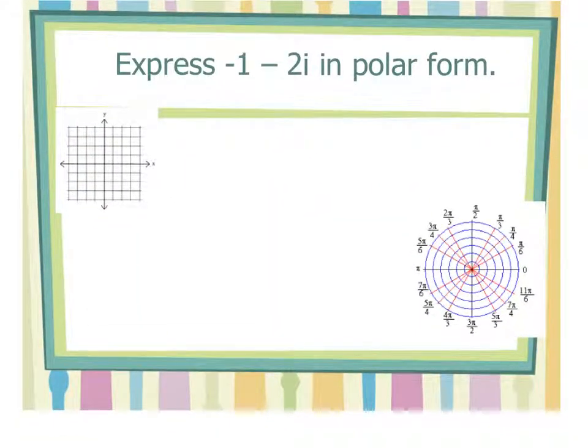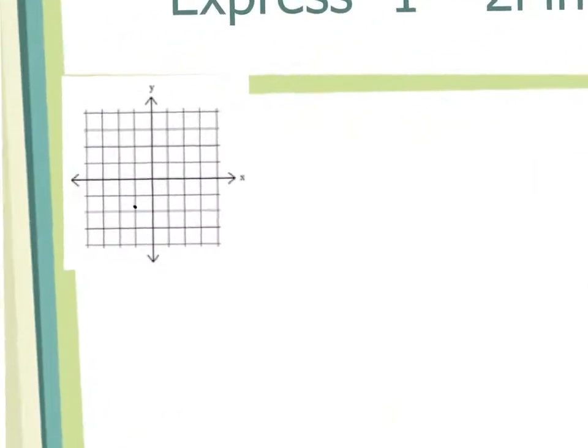So here's -1 minus 2i. I'll zoom in to get it a little better. So there it is.